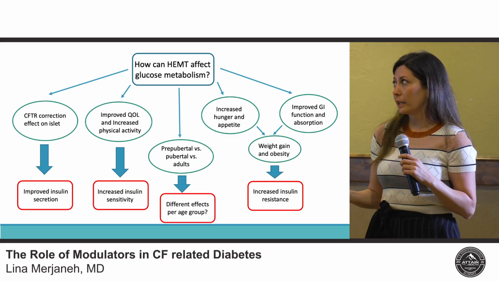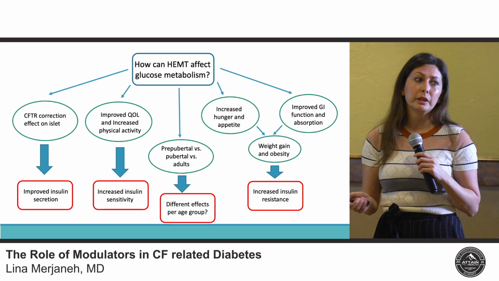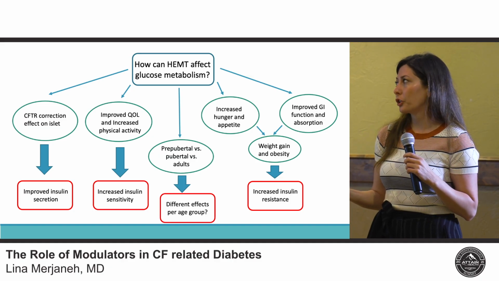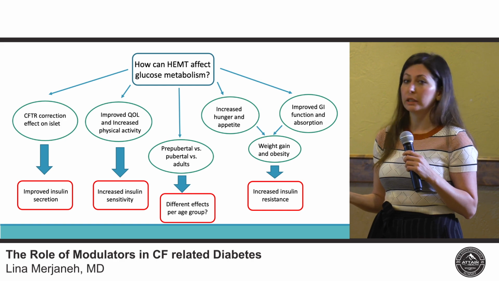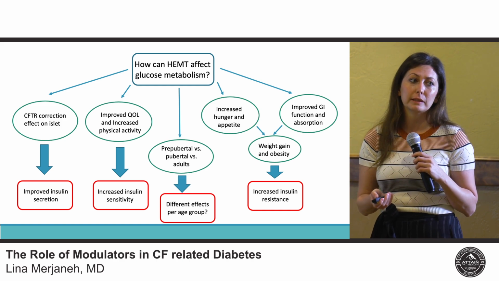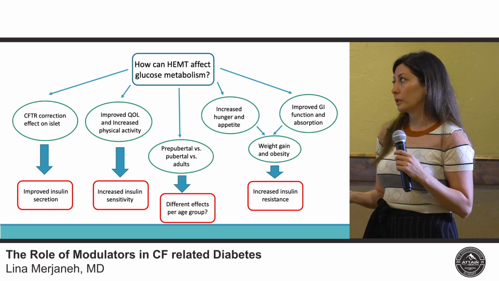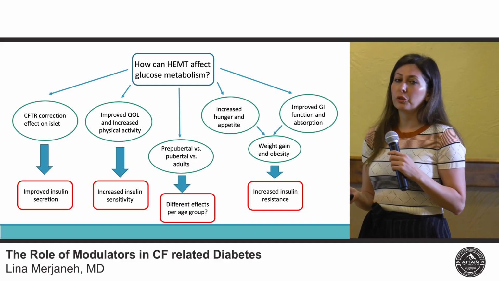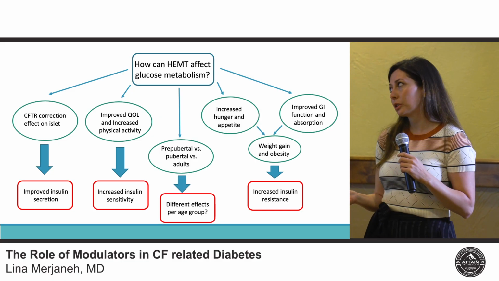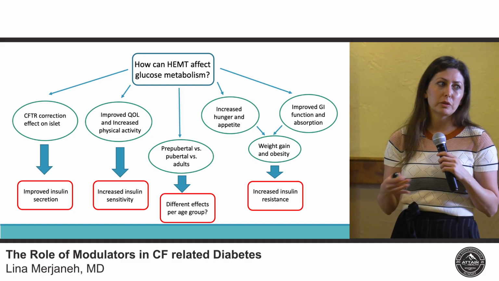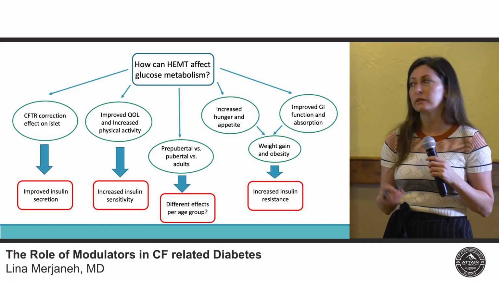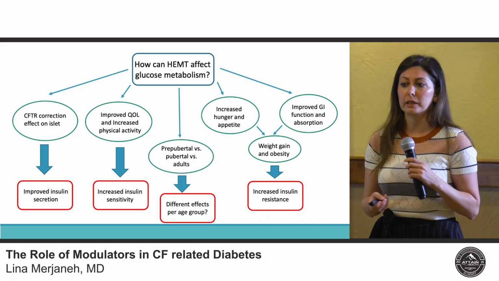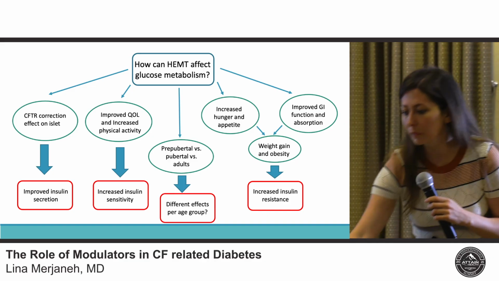But on the other side, we're seeing increased hunger, increased appetite, they're consuming more calories, they have better GI function and absorption, so that might lead to excessive weight gain and obesity, and in turn cause increased insulin resistance. We also have to think about the effect of Trikafta on different age groups: in prepubertal children before onset of diabetes, versus pubertal when they have this physiologic increase in insulin resistance, and in adults where CFRD is already established.